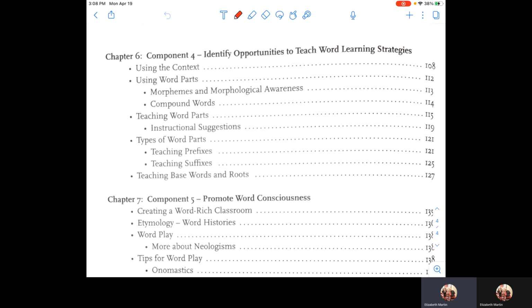When looking at teaching prefixes, there is a big, long list of different prefixes that the book gives, tables. And it breaks it down from the common meaning, examples of it, how many actual words use that prefix, and percentage of people knowing what that actual prefix means.